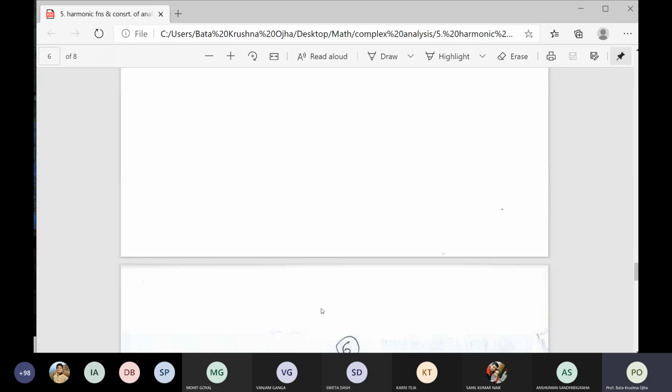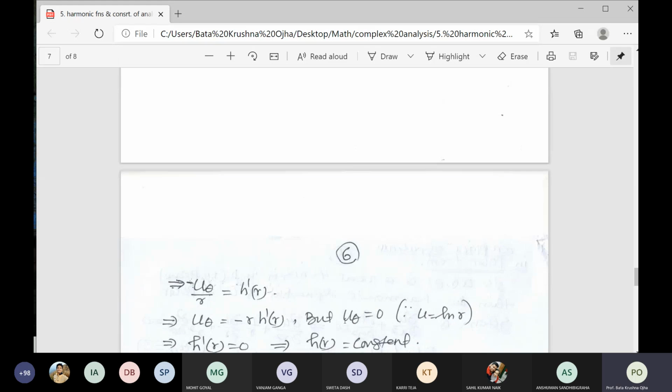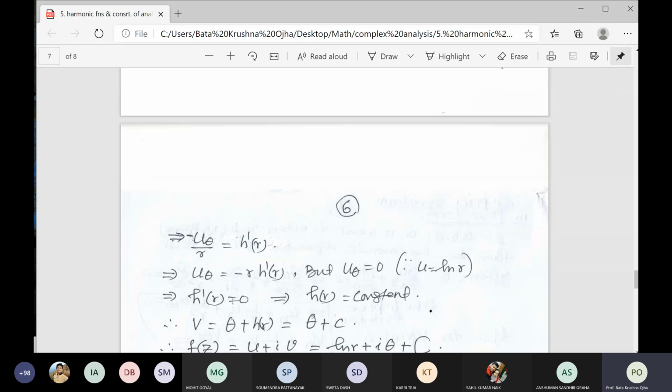If you integrate with respect to r, it will give a constant. So what will be v? v is equal to theta plus h r, and h r is a constant, so we write v is equal to theta plus c.